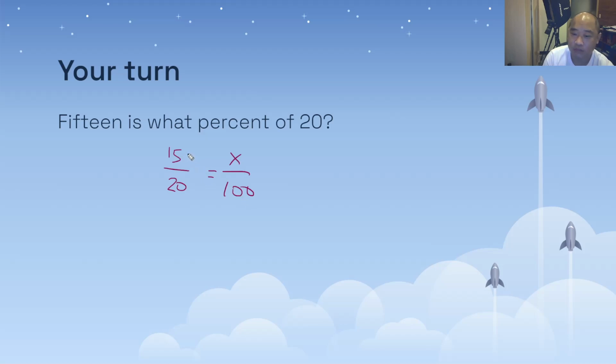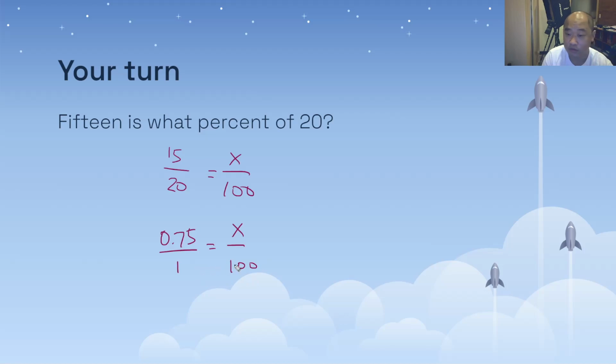As you may have figured out, there's more than one way to do this, right? So if we divide 15 by 20, that is 0.75 over 1. We just turned this into a unit rate, basically. And that equals X over 100.